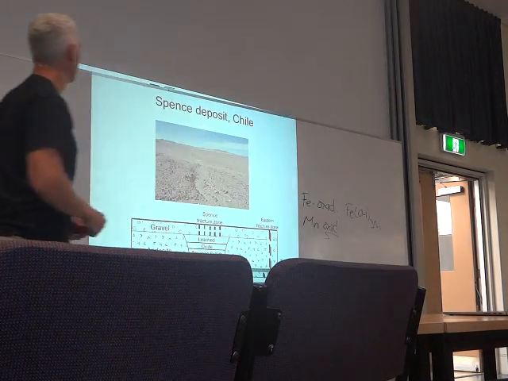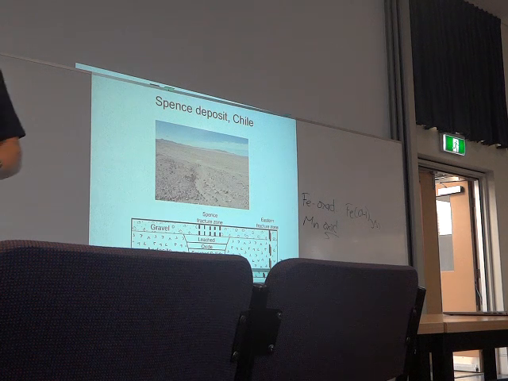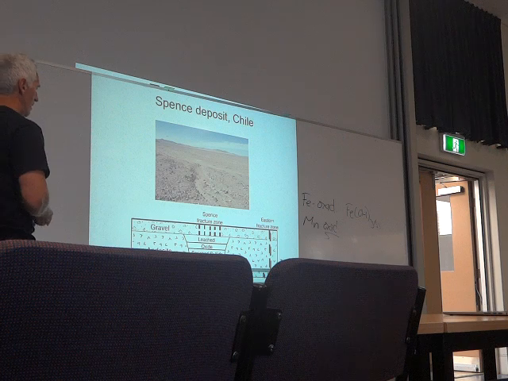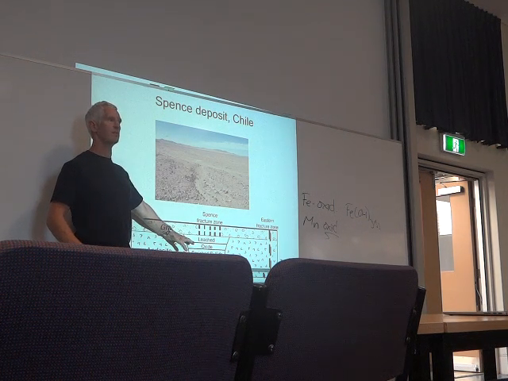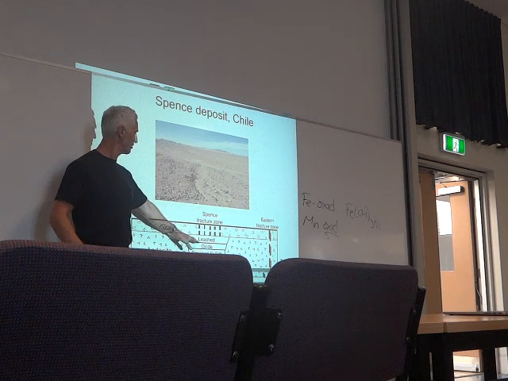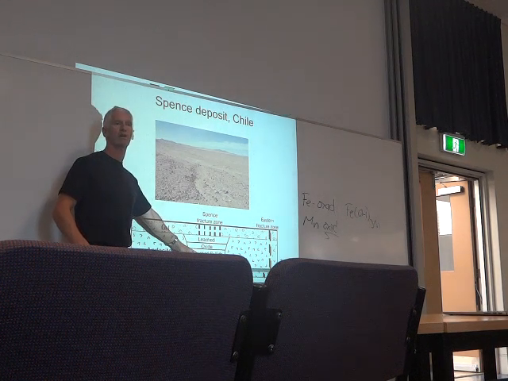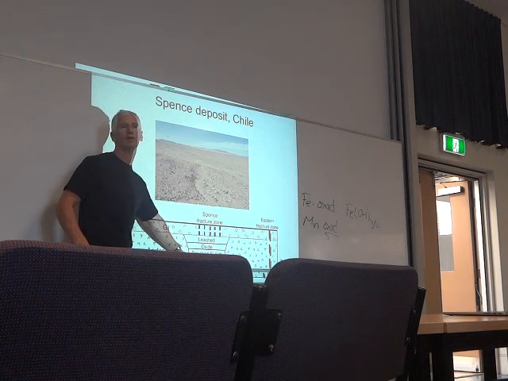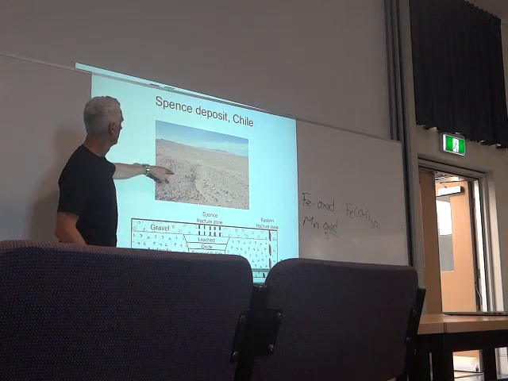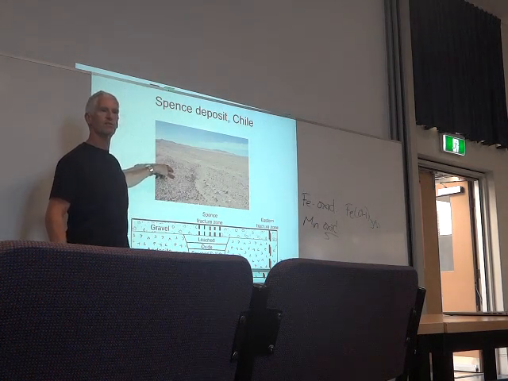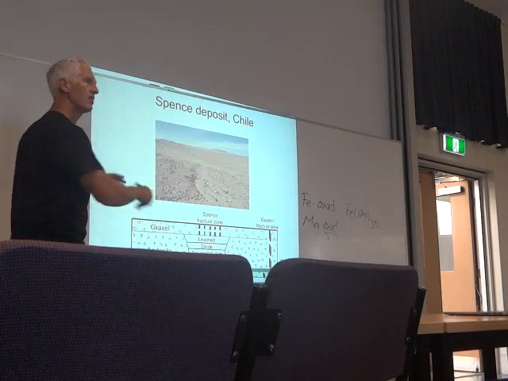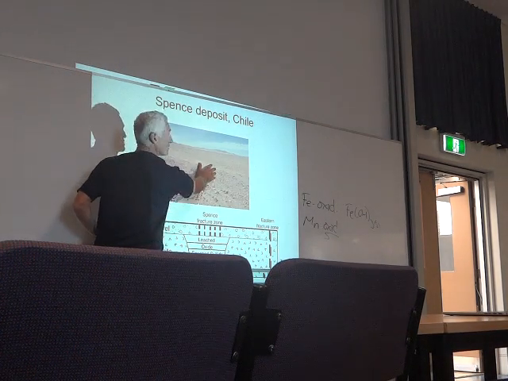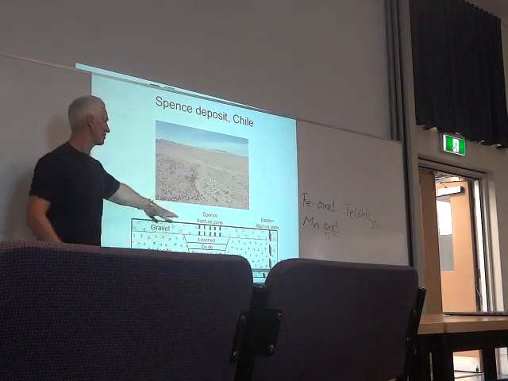The other is the Spence deposit in Chile, and this is Atacama Desert. So it's cold, it is extremely arid, and the idea here is that you've got a supergene system, right? Similar to Morenci, except it's buried, and your leaching material, you've got oxide, you enrich the sulfides, and then you've got primary ore below. And the idea here that you can walk along this stuff, which we would be generous in calling it a soil, and that there are geochemical signals within this that suggests there's something below.